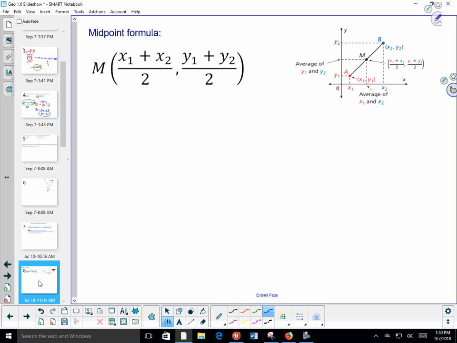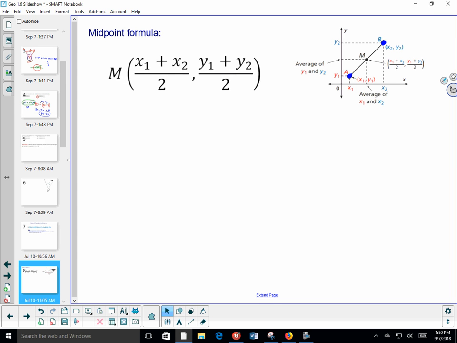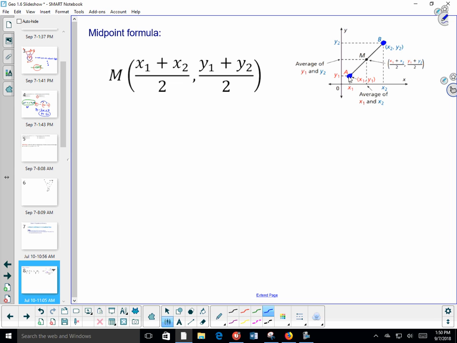If we wanted to find the midpoint between this point, the ordered pair x1, y1, and this point, the ordered pair x2, y2, we basically need to find the average of those x coordinates to be our new x coordinate, and the average of the y's to be our new y coordinate. So this formula gives you that midpoint. You add the two x's and divide by 2, and you add the two y coordinates and divide by 2.